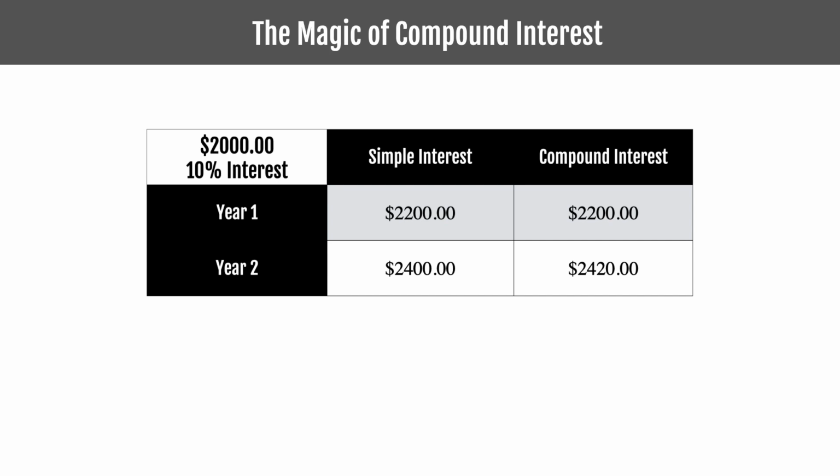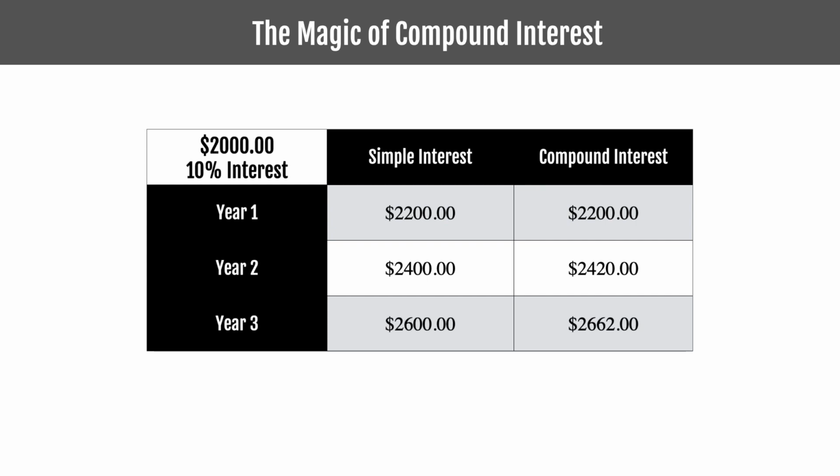So now let's see what happens in year three. In year three, with simple interest, you do the same thing, $2,000 times 10% interest, which is $200, and you add that to your current balance, which was $2,400 from year two, so your total is $2,600.